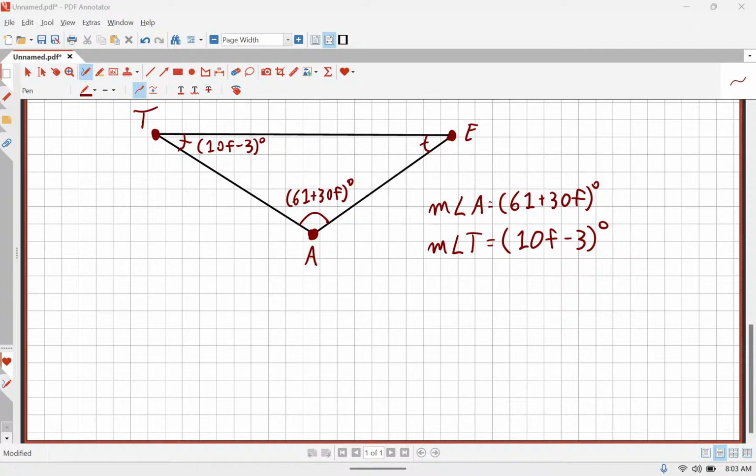What do you think? So what do you think was true about these three angles, Elizabeth? If you add them together, right, exactly.